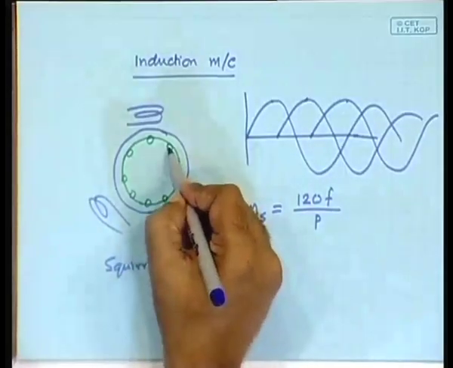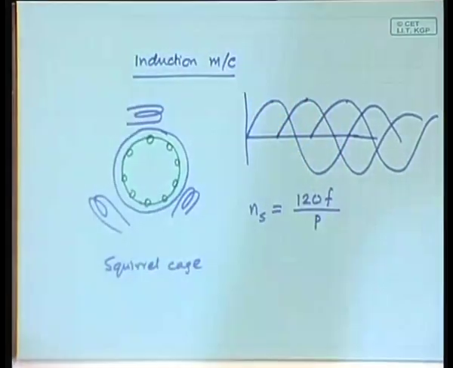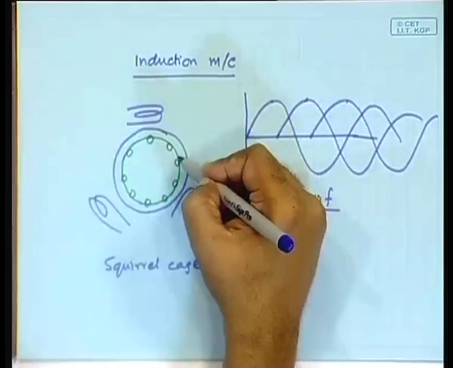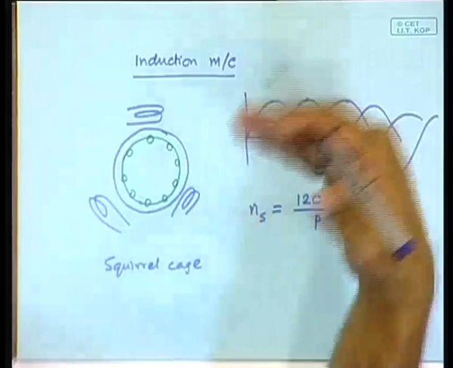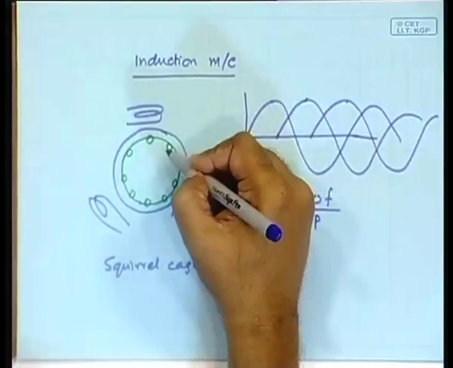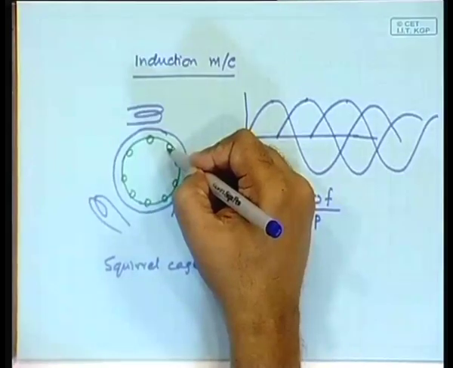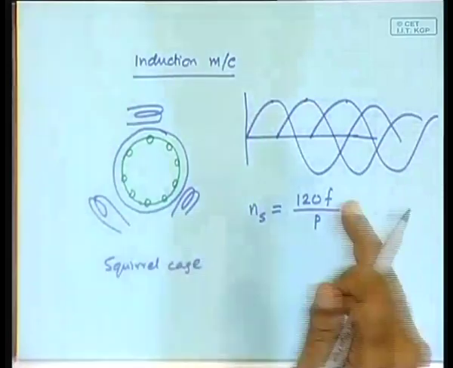Each of these windings will see as if a north pole is passing by. When it is passing by, it will see a varying magnetic field. If it sees a varying magnetic field, there would be voltage induced in each of these wires, and these wires are shorted.